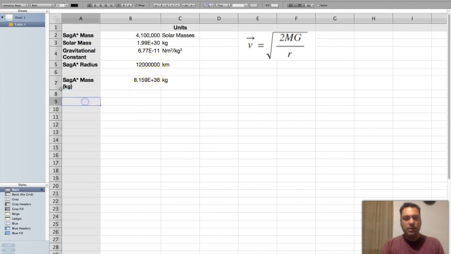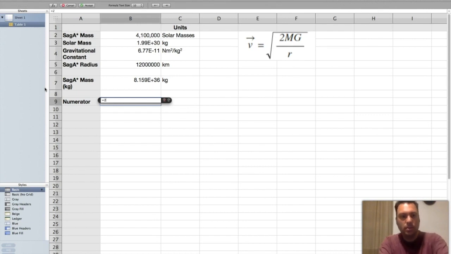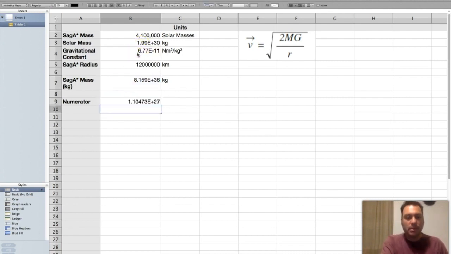So first off, let's write in our numerator. Our numerator is equal to 2 times Sagittarius A mass, which is that number, times the gravitational constant, which is this number. Okay, so we get this really cool number here.